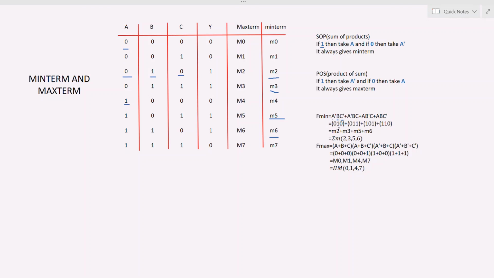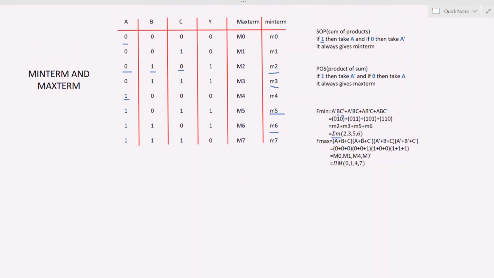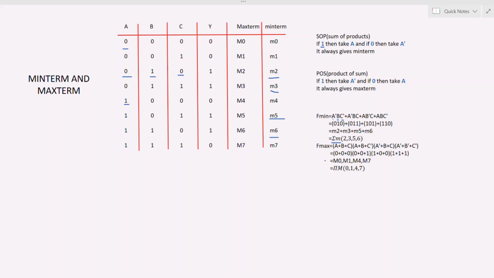Now we got the binary numbers. So just convert it. Here 0, 1, 0 is nothing but 2, so it is nothing but m2. This is 3, 5 and 6. And we represent the minterms in this way: sigma, small letter m, and in the bracket the terms 2, 3, 5 and 6.